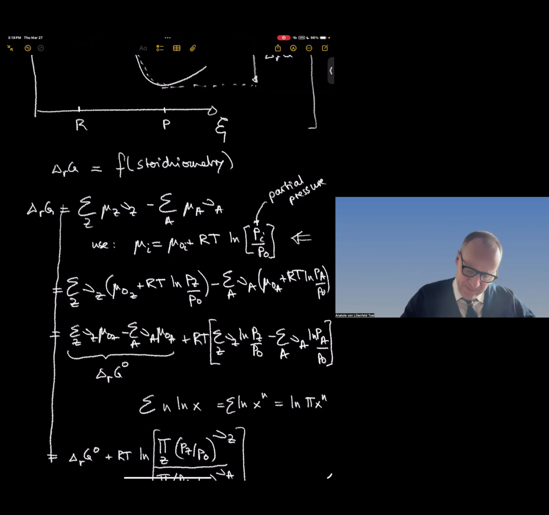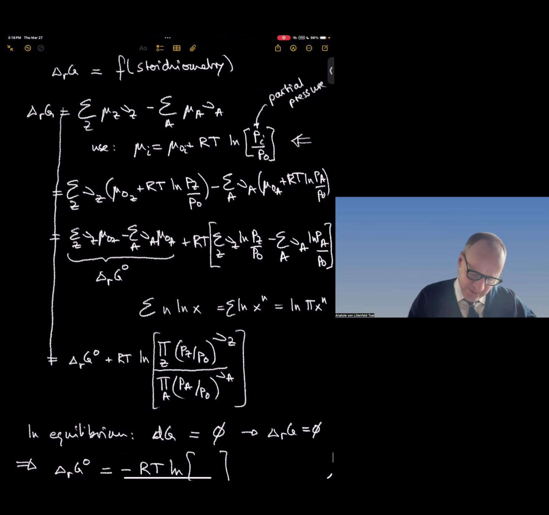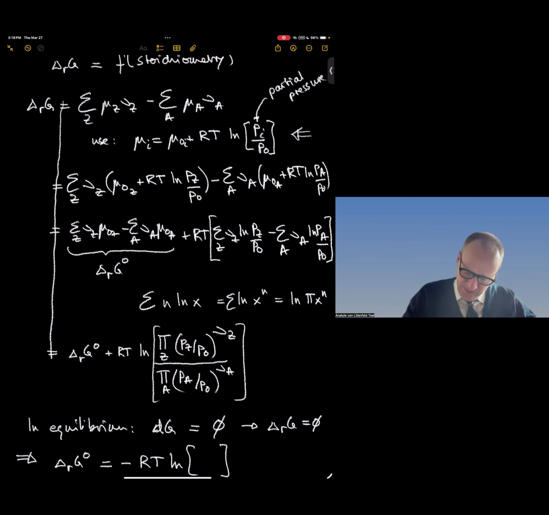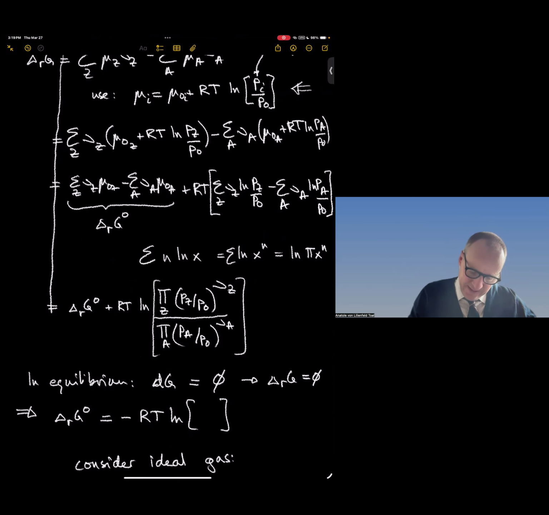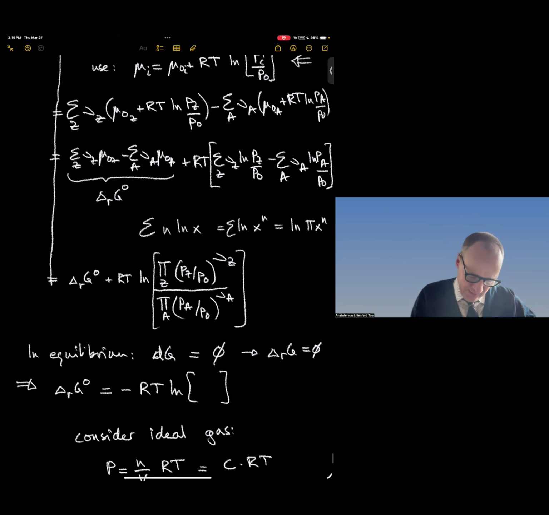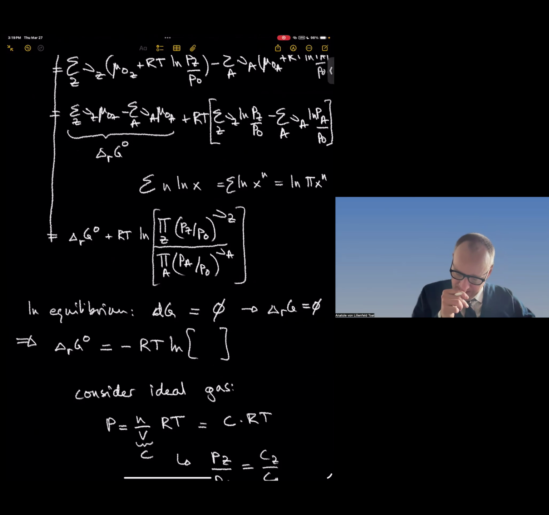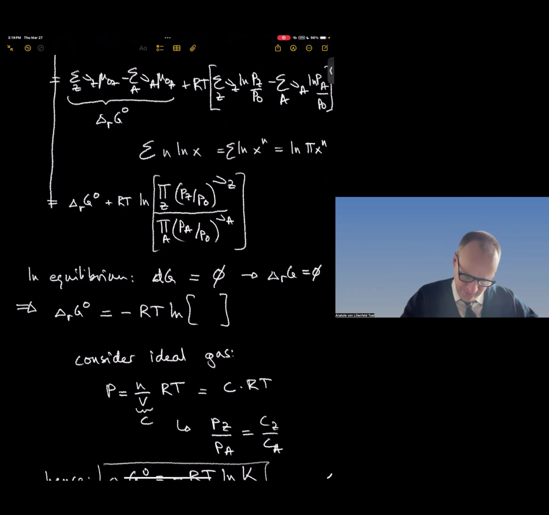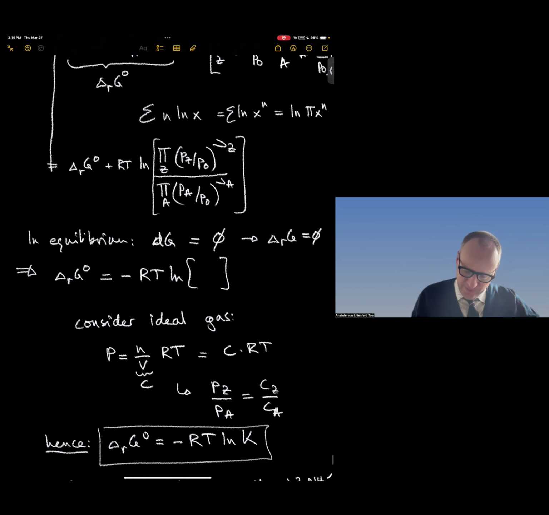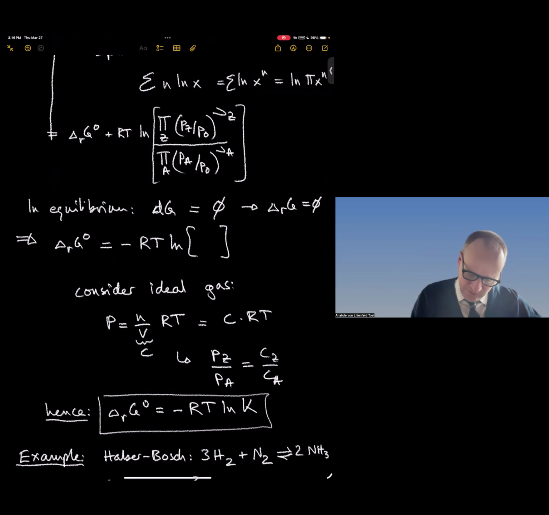We had then continued to express our delta G via this expression for our chemical potential, which we had obtained previously, and we had rearranged to form everything in terms of first partial pressures. And so here you have your delta R G equals RT logarithm of ratio of pressures. And then in this equilibrium, your delta R G0 equals this RT logarithm. And now for your partial pressures, you can simply make use of the ideal gas law.